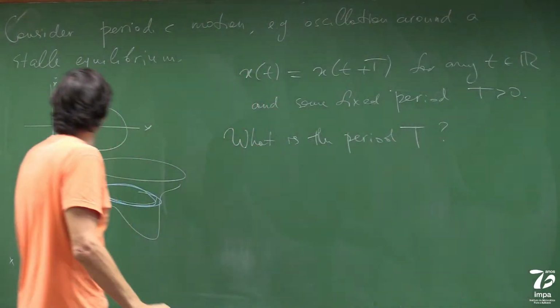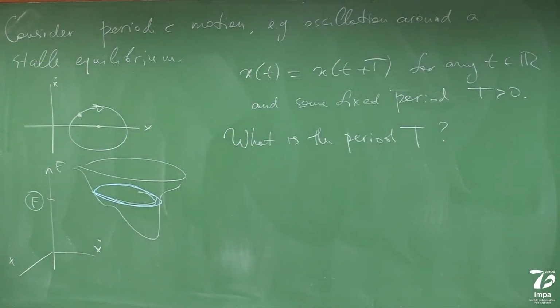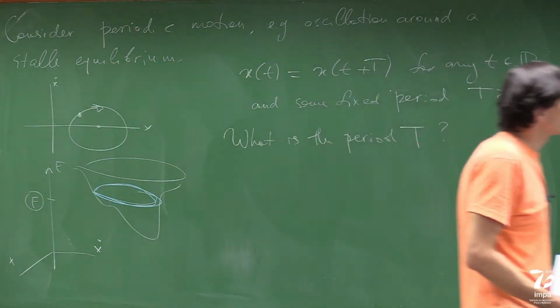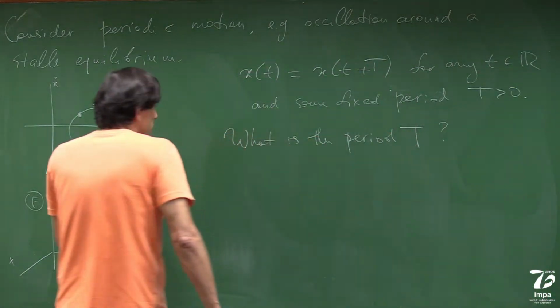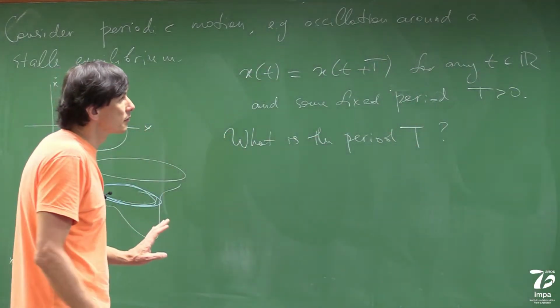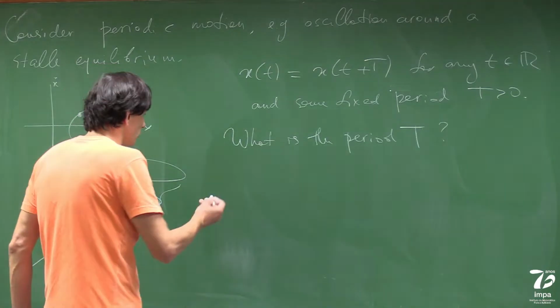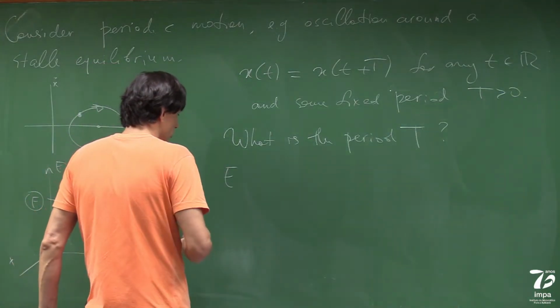So how to compute a period? Let's write a formula for it, and let's write a formula which is not approximate but exact. You can then make approximations as well. So we start with the energy. I already said that this periodicity originates with the fact that we have energy conserved.